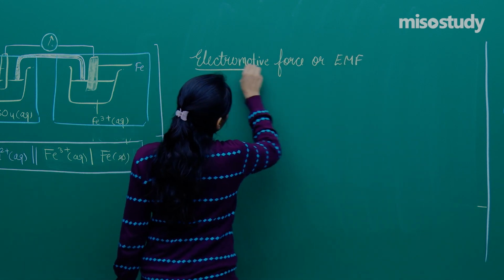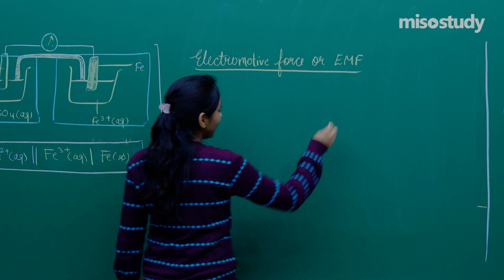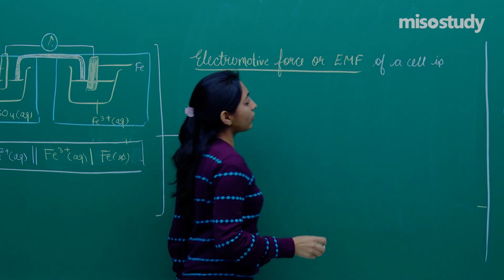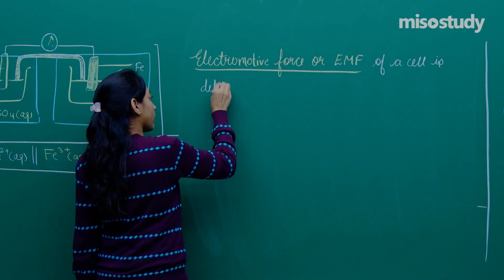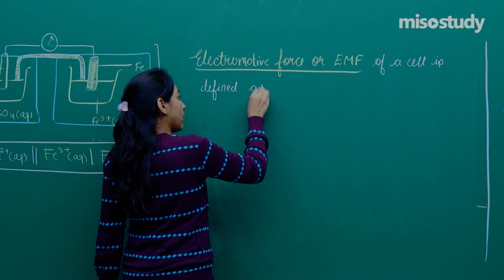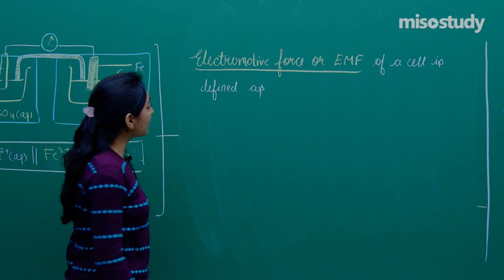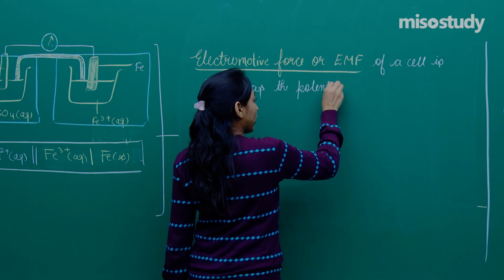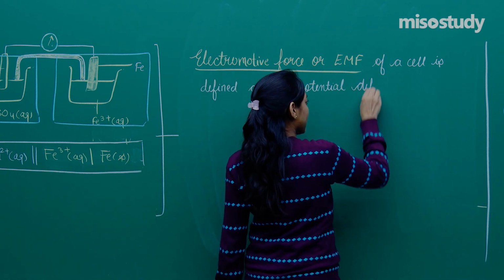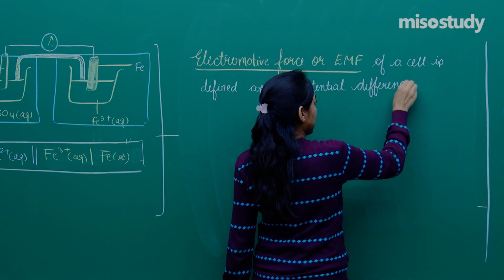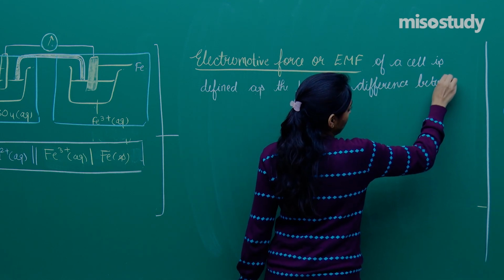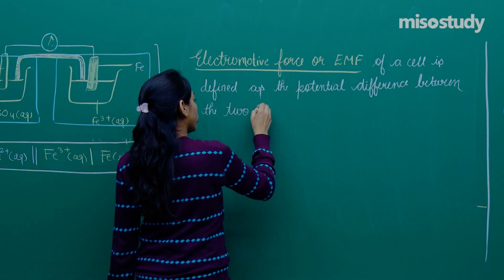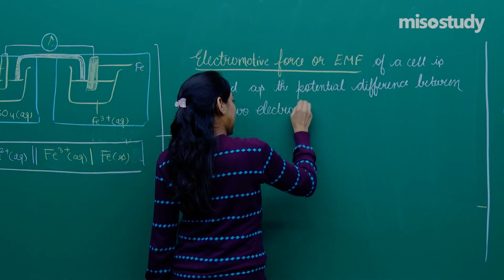The electromotive force or the EMF of a cell is defined as the potential difference between the two electrodes.